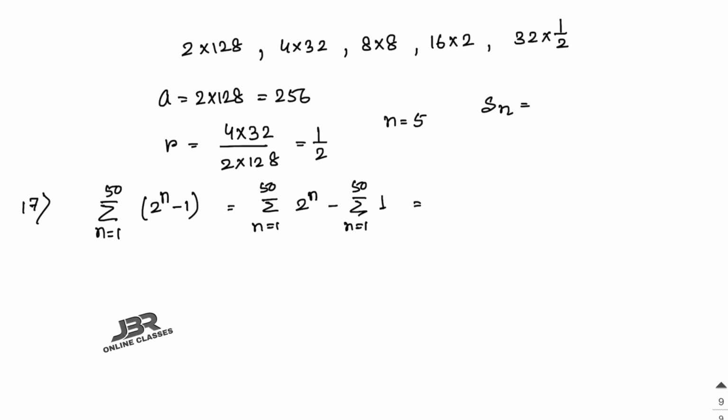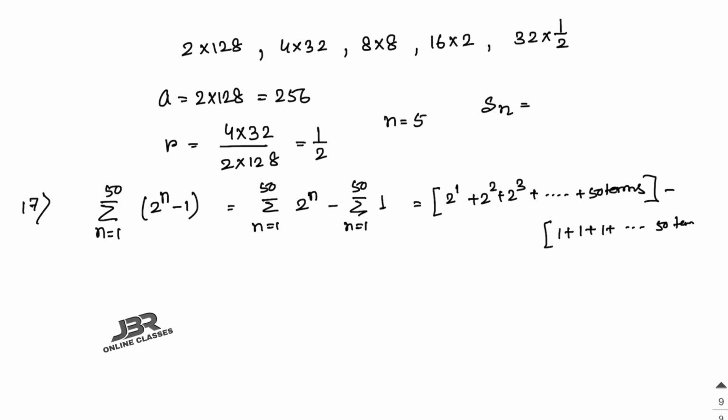So the first one will be 2 to the power 1, 2 to the power 2, then 2 to the power 3, dot dot dot up to 50 terms. And the next one will be always 1 plus 1 plus 1 dot dot dot up to again 50 terms.